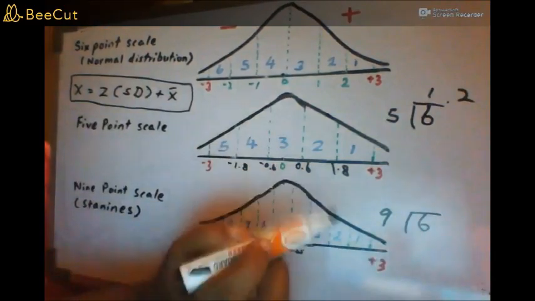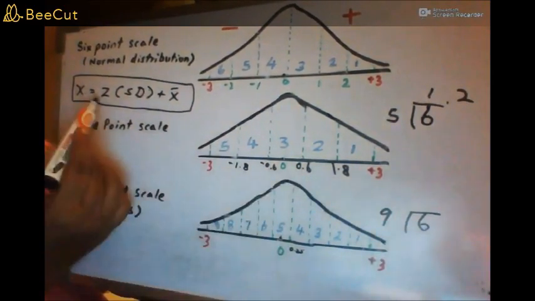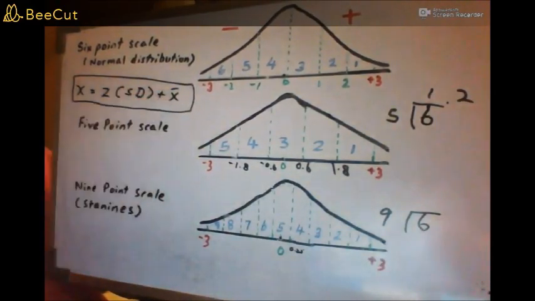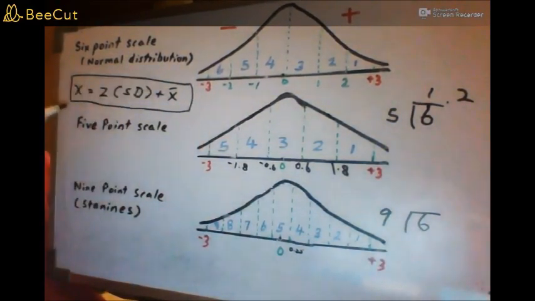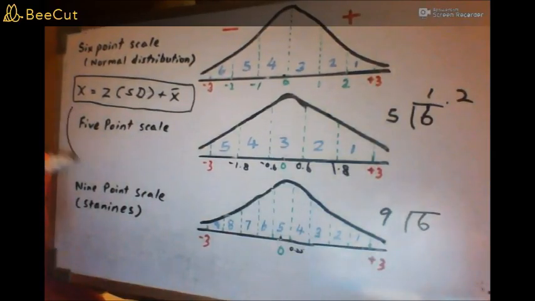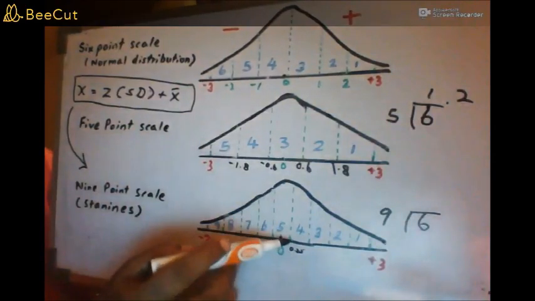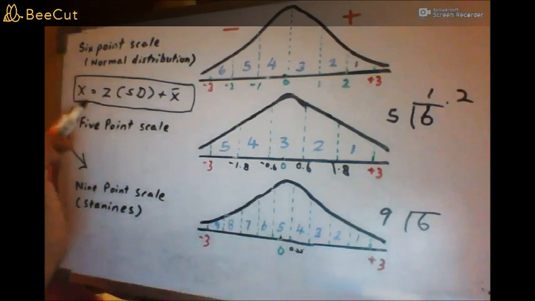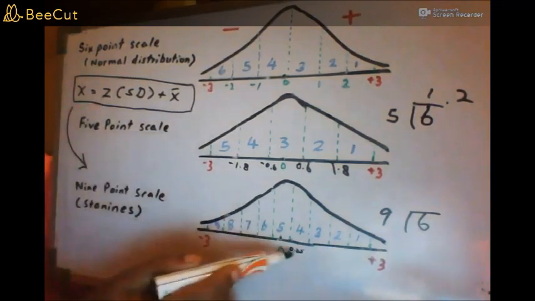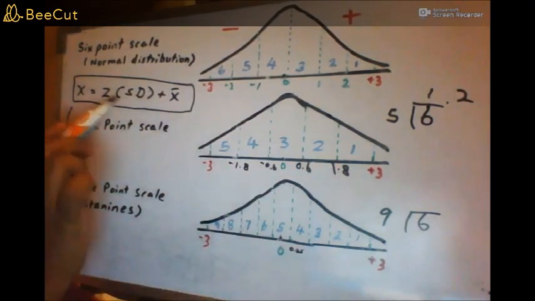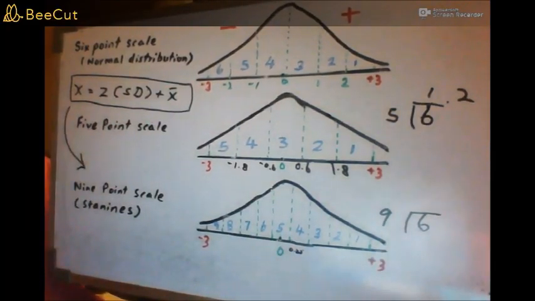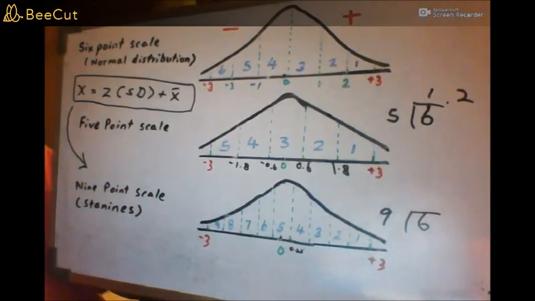And if you want to find the particular mark for this one, Z is this. Standard deviation they will give. X bar they will give. Then you can find the relevant mark. The same principle goes for this 9-point scale. If you want to find the particular mark for this Z value, the formula is this. Z is 0.25. Put 0.25 here, they will give the standard deviation and the X bar, and get the relevant X value. Right? X values are cutoff values mainly.